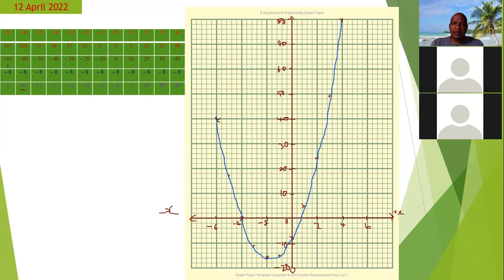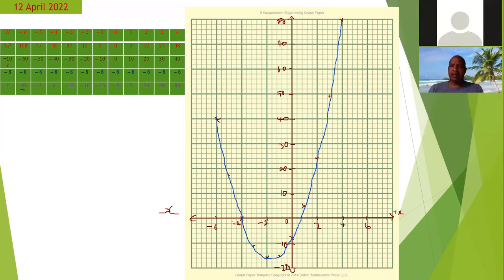All right, guys, any question? Let me see the hands of those who are actually drawing the curve on the graph paper. Okay. All right, anybody finish drawing their curve?